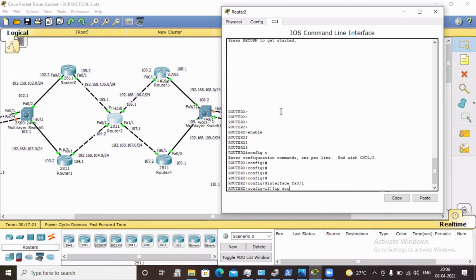Access-group block-PC in. Right. Go with the enter. Exit.